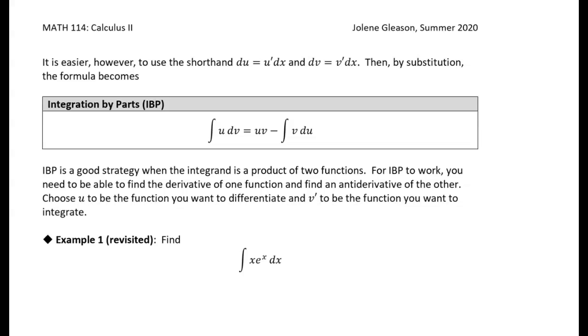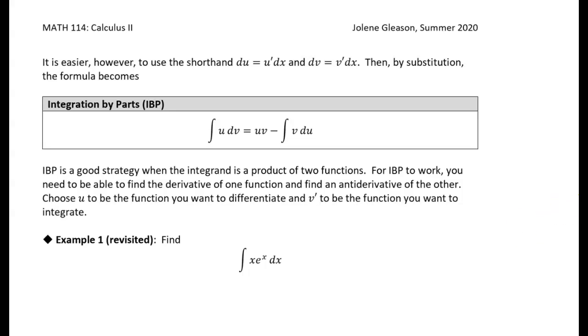What we need to do is identify u and dv, and then we differentiate u and we integrate dv to get v, and we're just exchanging one integral for another. Let's do this though, because it really doesn't make sense until you dive in and do it. There are some tricks of the trade involved with integration by parts.